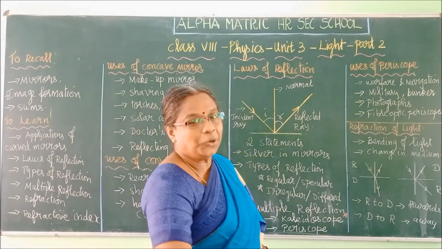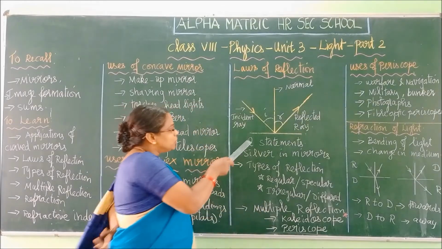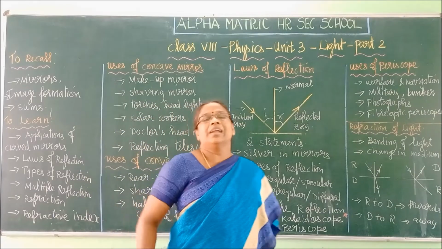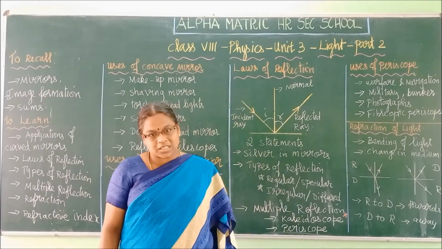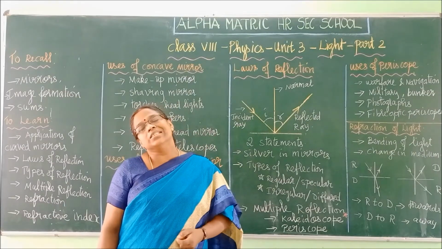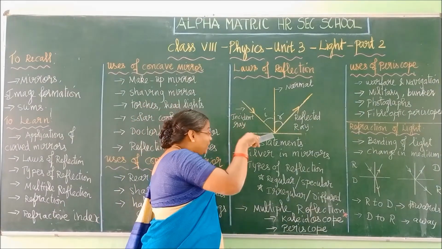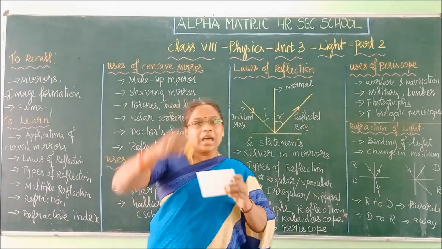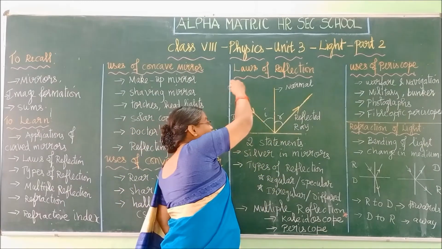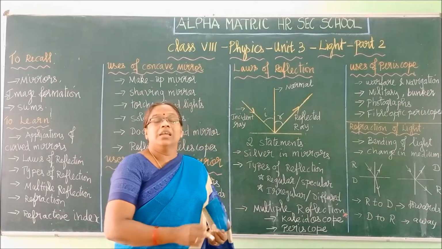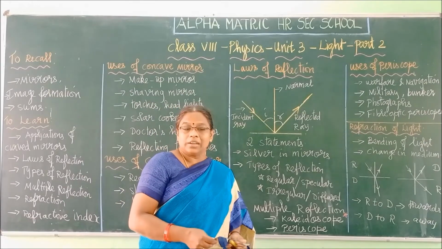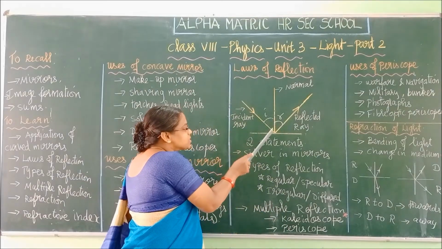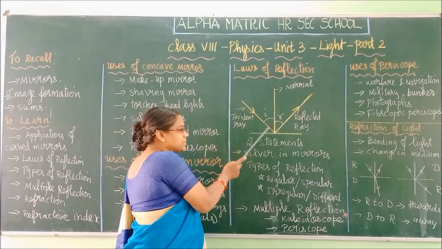Two other terms you need to understand. This is the surface where the light gets incident. That hitting process is called incidence. The ray hitting on the surface, the light ray which is hitting the surface, is called the incident ray.